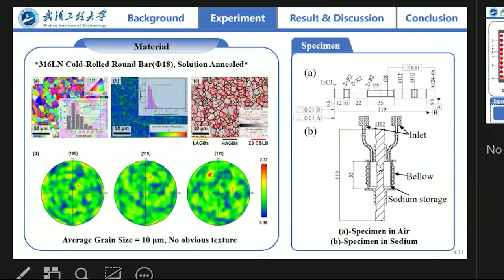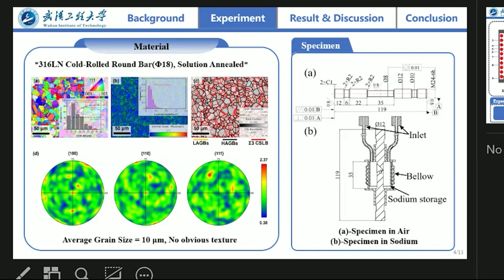Based on the program, we use 316L cold-rolled round bar, with D equals 18 millimeter. By the EBSD result, you can see the grain size is about 10 micrometer, and the material has no obvious texture.